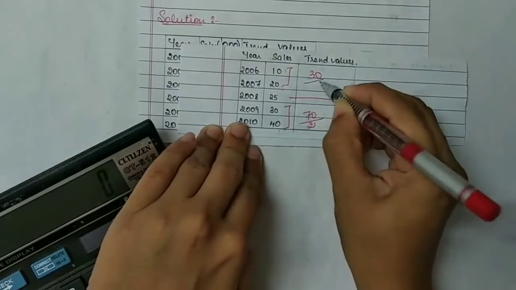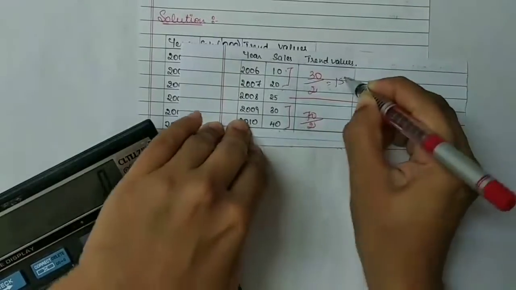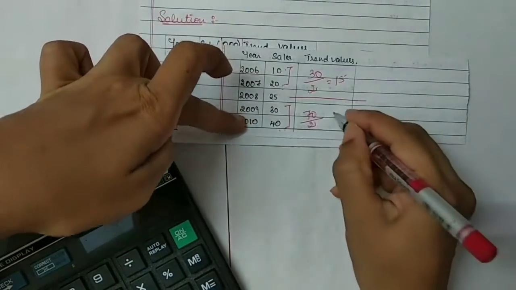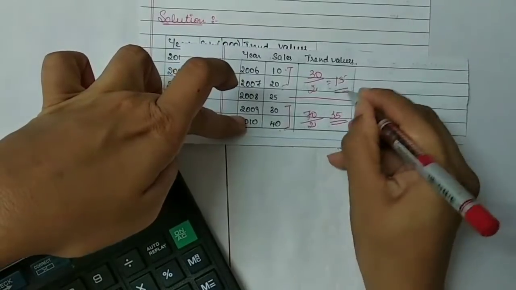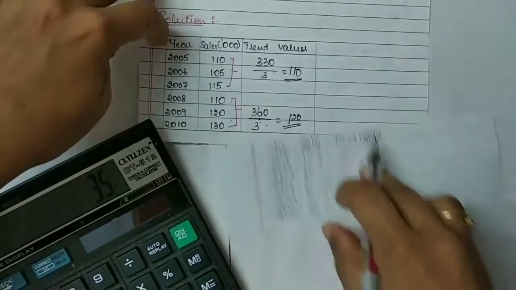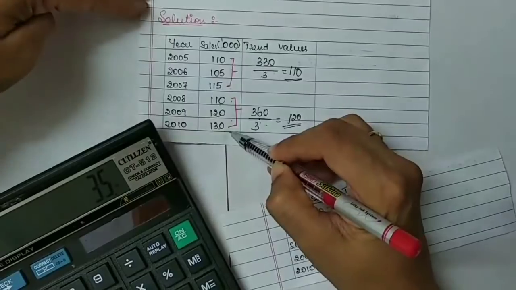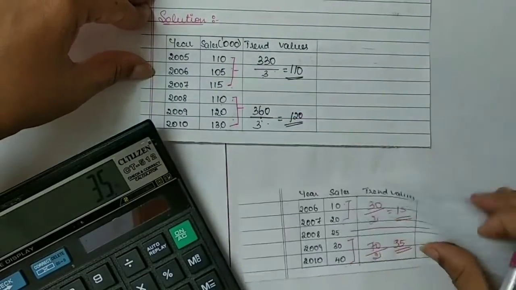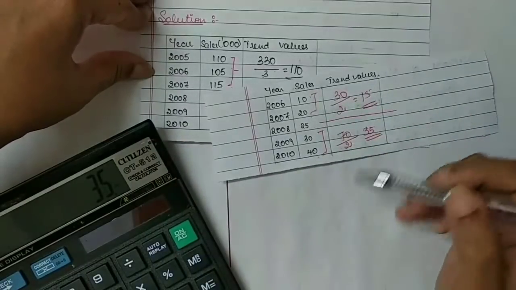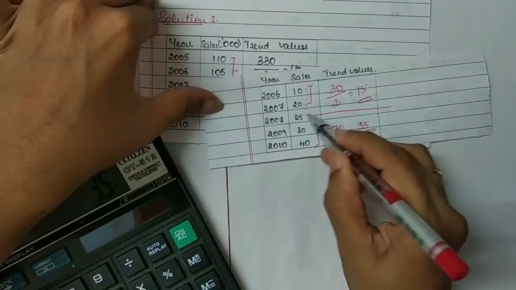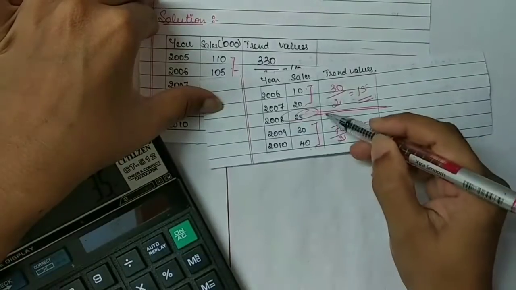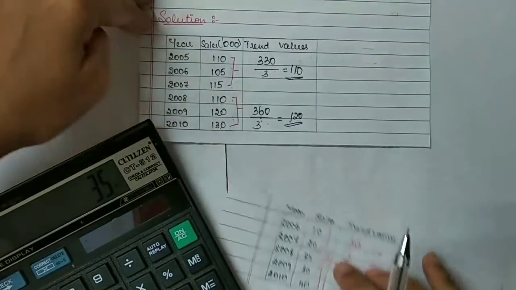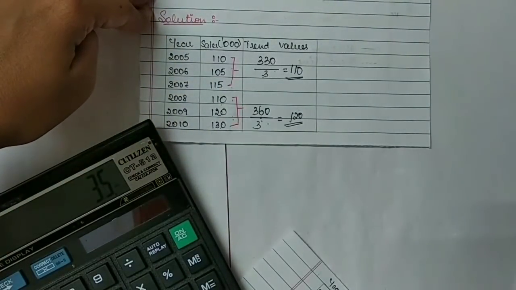Divided by 2, here it will be 15 and here 70 by 2 is 35. So when an even number of data is there, we can divide it into two equal parts easily, but when an odd number of items are there, we have to leave the middle one and then group them. Hope you understood this.